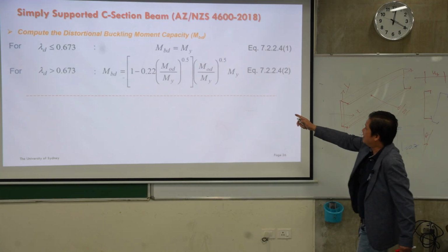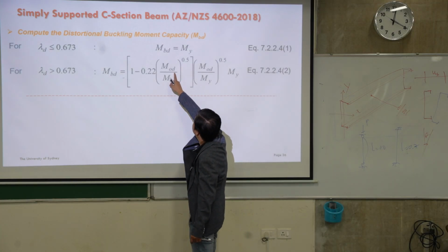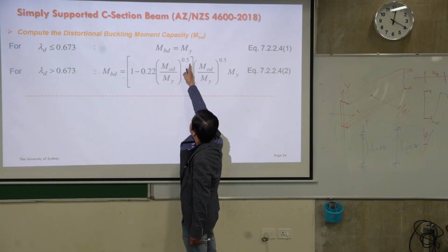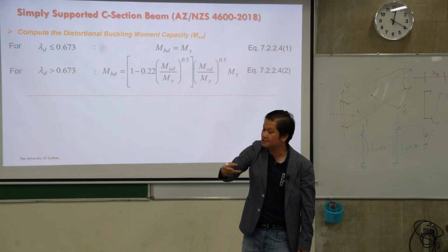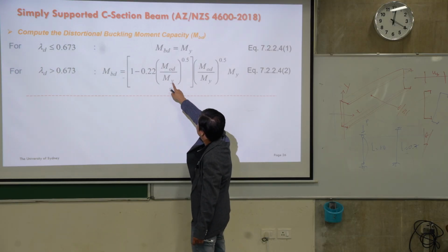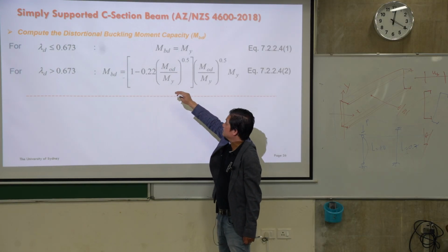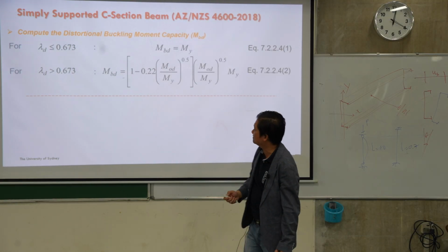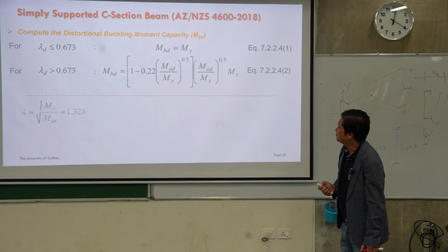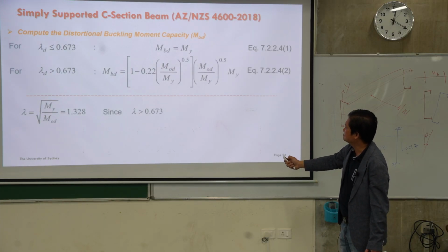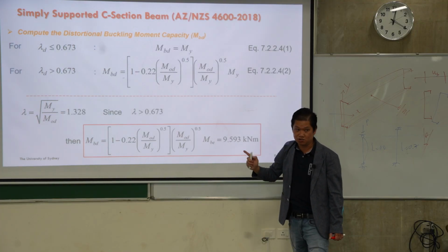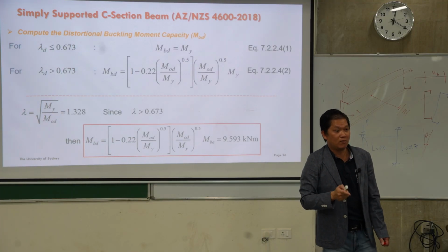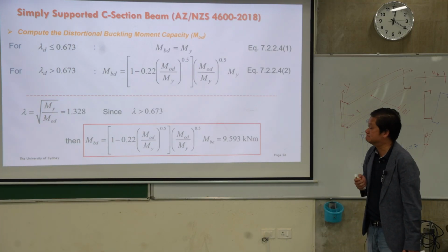Same, we got MOD from the signature curve. And now you can see, because we don't take into account the interaction, we use MBD as MY. And from that DSM equation, we can calculate the distortional buckling moment, the strength, okay?